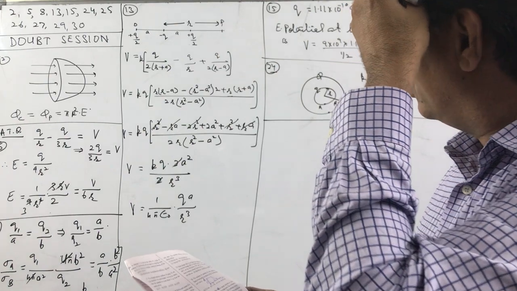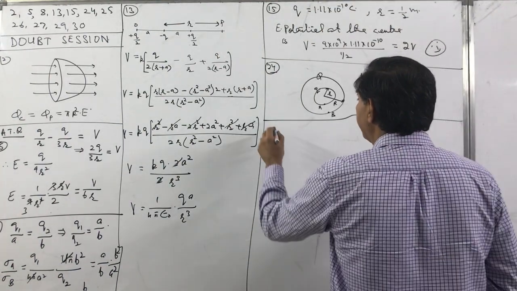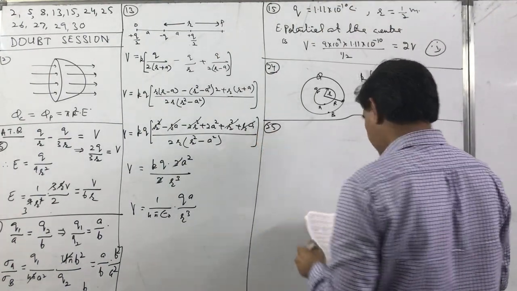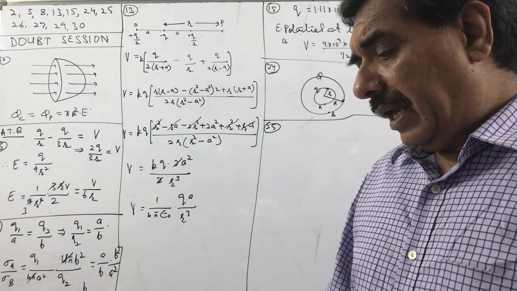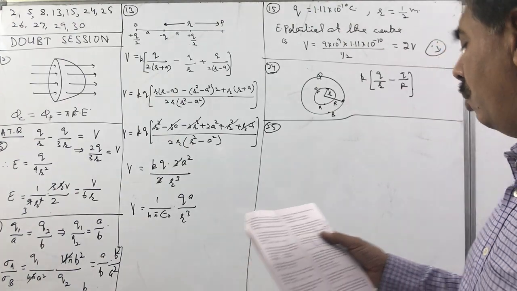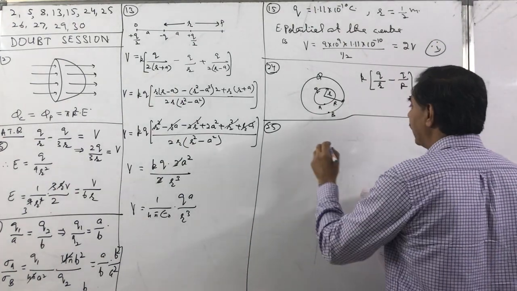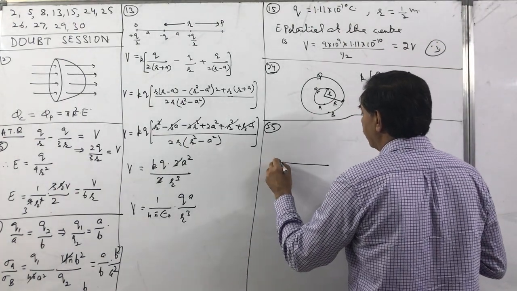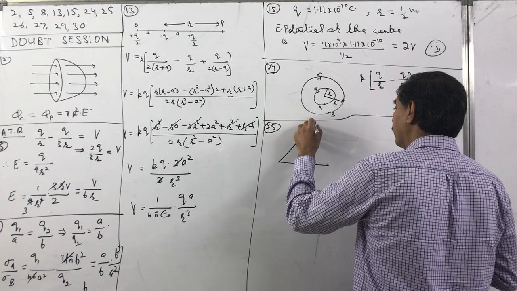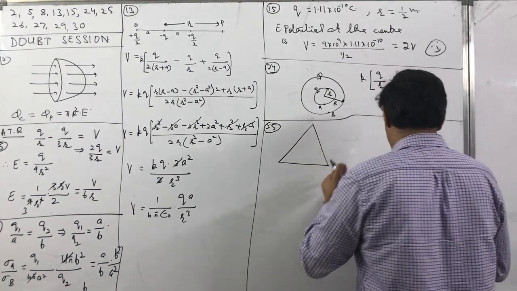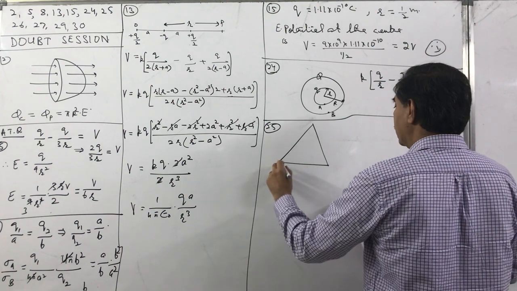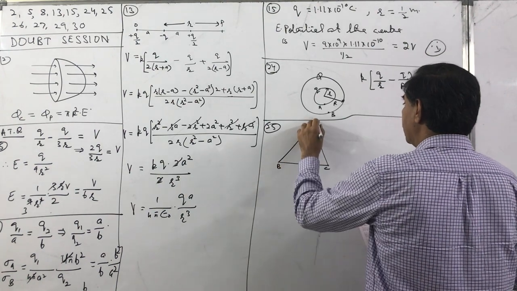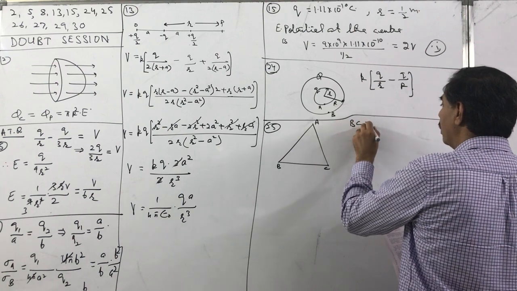Next we have question number 25. He says three charges, each plus Q, are placed at the corners of an isosceles triangle ABC, with sides BC and AC being equal.